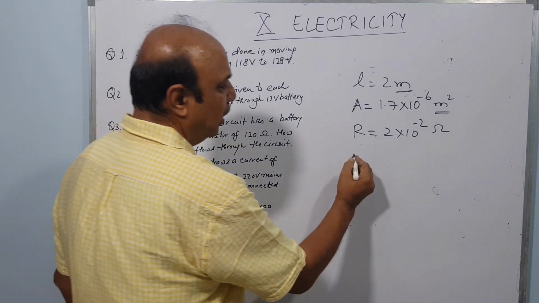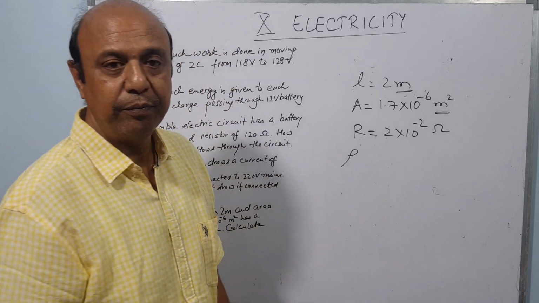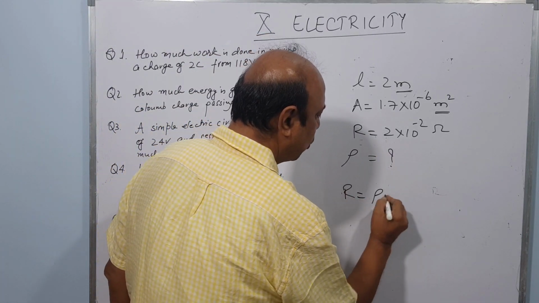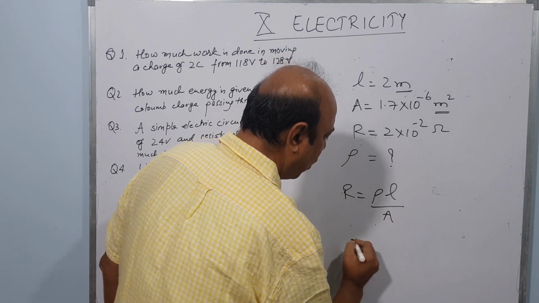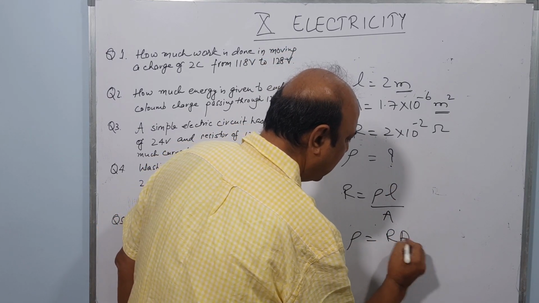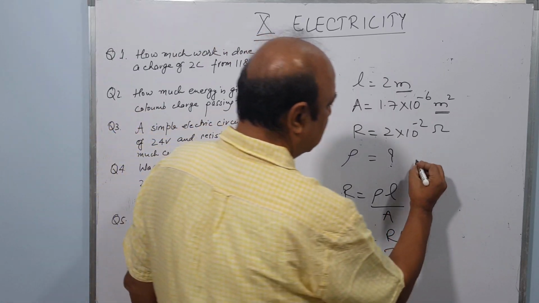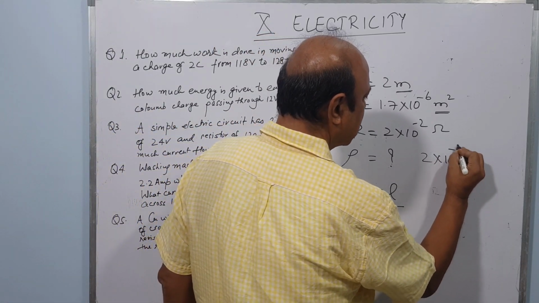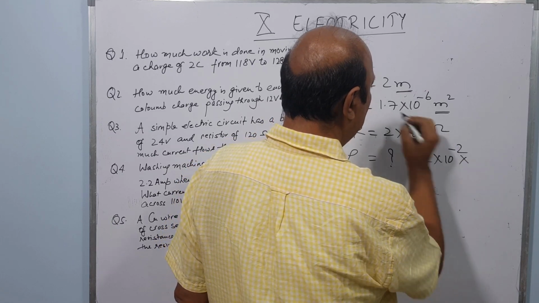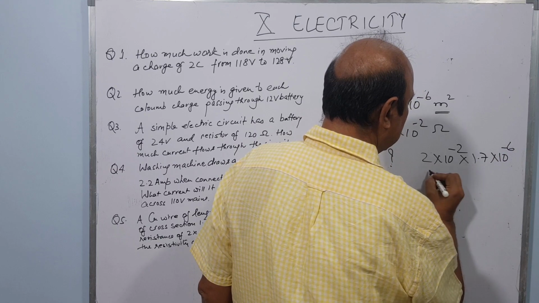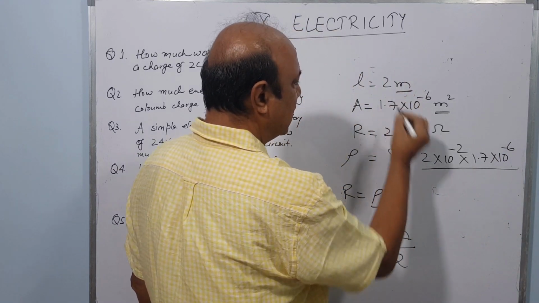We had to find resistivity. What is the formula to be used? R is equal to rho L upon A, or rho is equal to R A upon L. Value of R is given, that is 2 into 10 to the power minus 2 into 1.7 into 10 to the power minus 6 divided by L, which is 2.